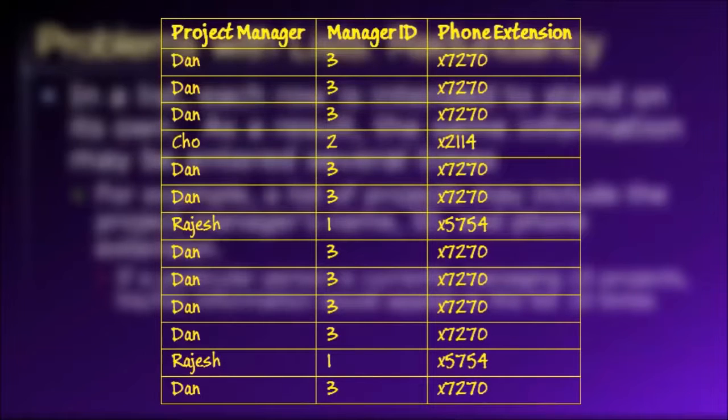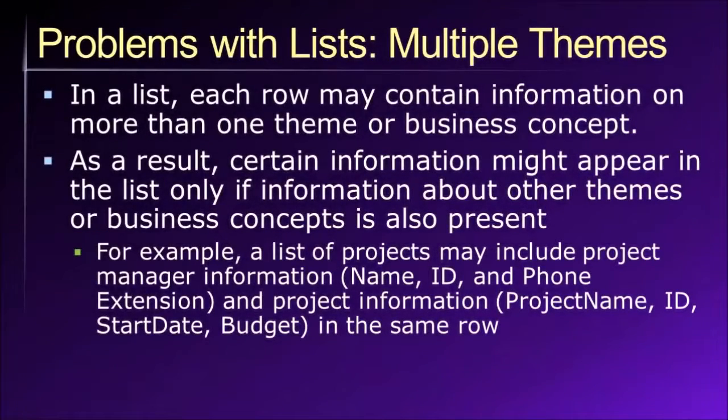Well, there isn't really any major problem aside from the fact that it's redundant. Another way of saying that is we are using more space than is necessary to record which project manager is associated with which projects.